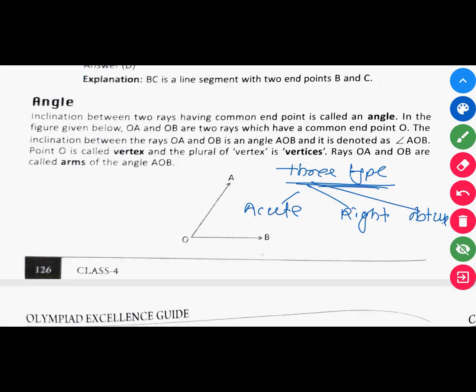Now see, what is meant by right angle? This is the common end point, and if the rays meet each other like this, exactly perpendicular to each other, one is completely horizontal straight and one is completely vertical straight, then the angle formed is of 90 degrees, and it is known as a right angle.